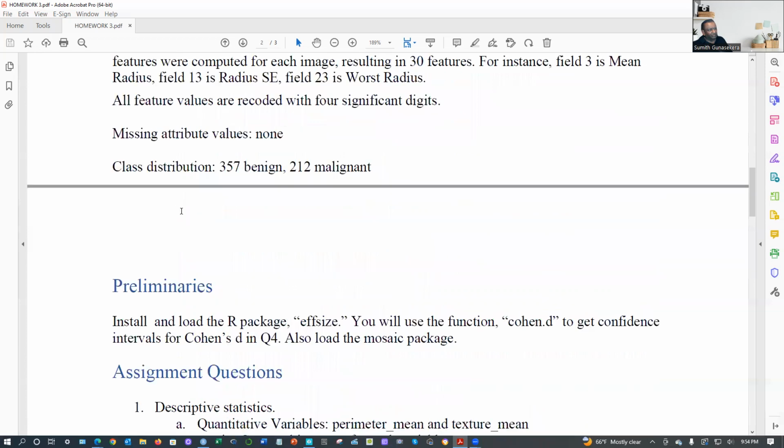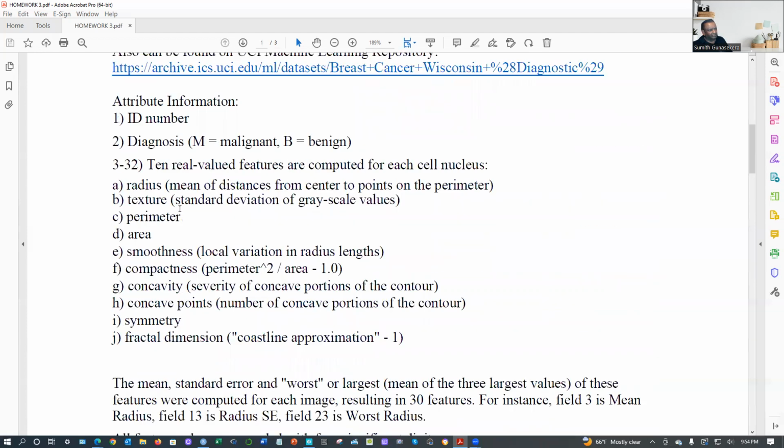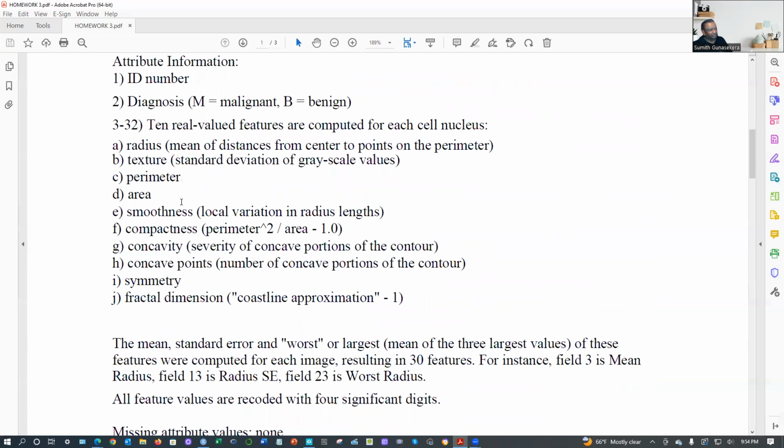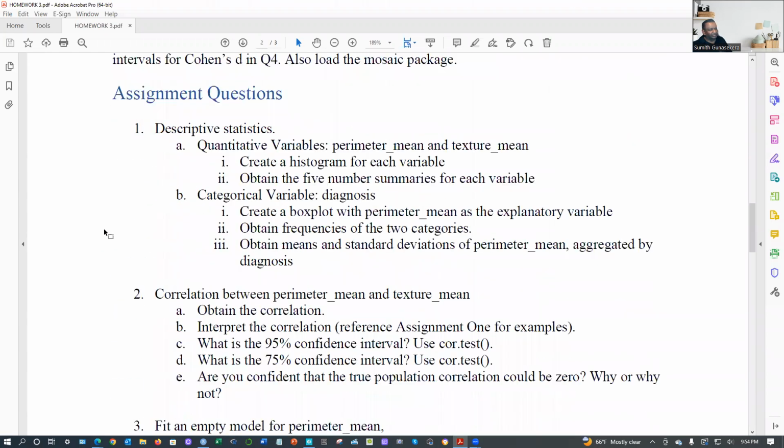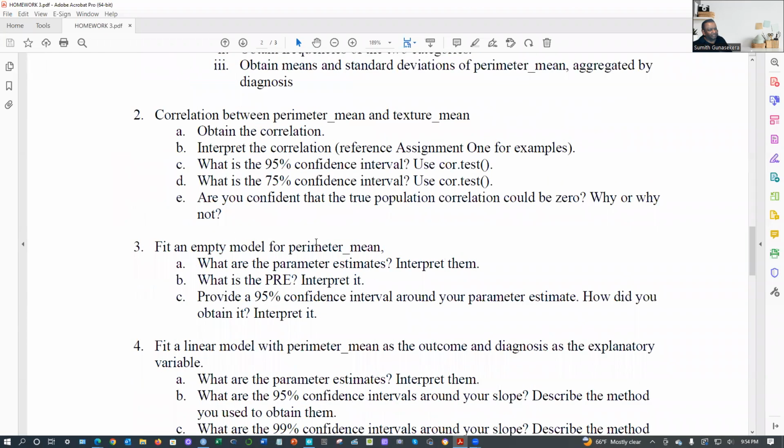Perimeter mean is one of the features here. The perimeter has a perimeter mean, perimeter standard error, and perimeter worst. So they say the perimeter mean. Let's get the data set.